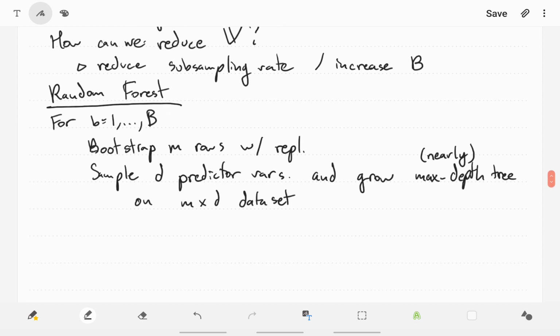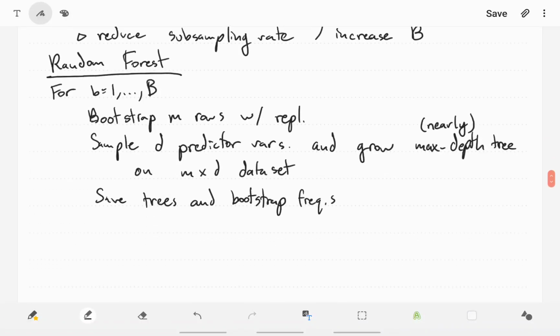And then after this, we save our trees, and we also have to save the bootstrap frequencies. So, how often was a data point used? So that's random forest.